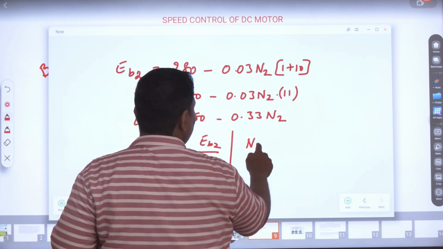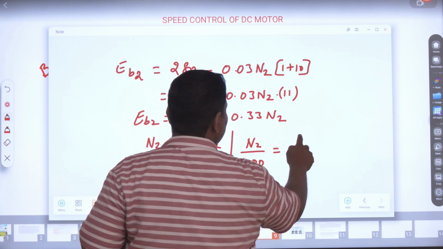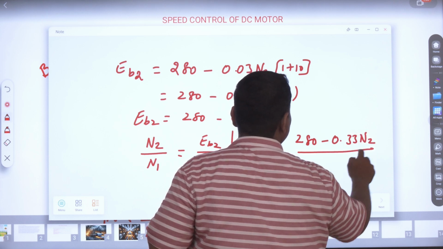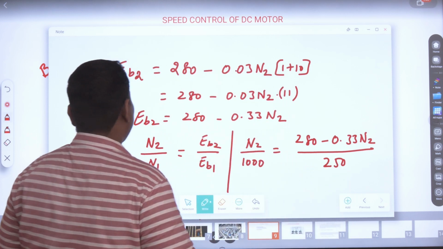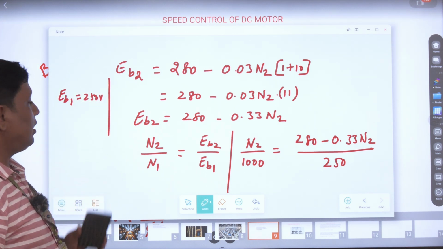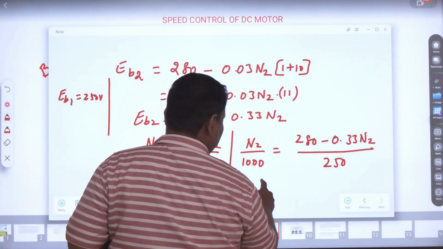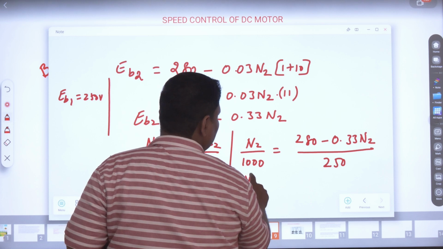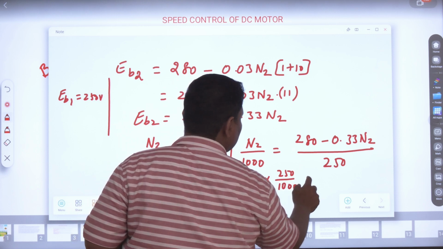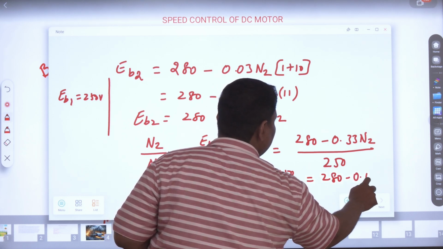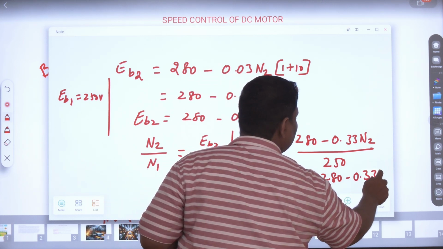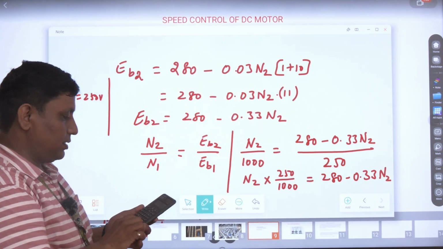So N2 divided by 1000 equals 280 minus 0.33 N2 divided by EB1, which is 250 volt, as we already calculated. Now N2 into 250 divided by 1000 equals 280 minus 0.33 N2.